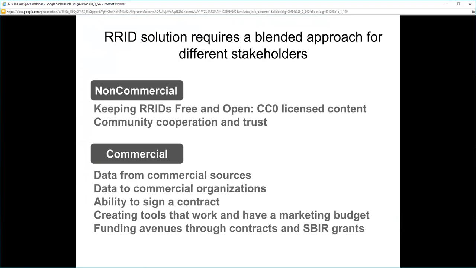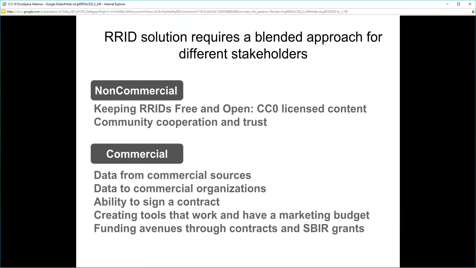So we have been providing data to a lot of commercial organizations, also non-commercial organizations, but we find it is much easier, when we are asked to, for example, create tools or do a specific piece of work, that there is an entity that stands behind that contract, that can quickly sign it, and that can then work with the commercial organizations who are part of this marketplace.